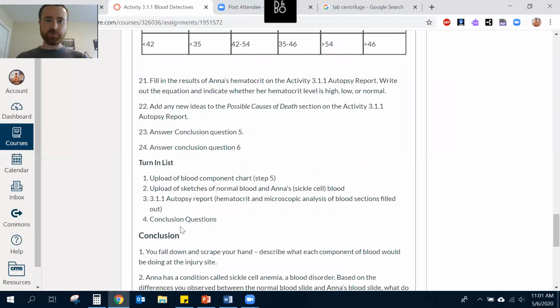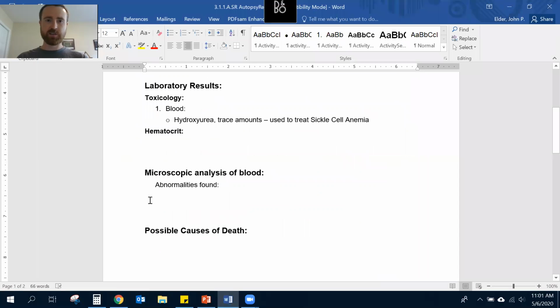So now what you need to do is make sure you have your autopsy report filled out with your hematocrit results and your microscopic analysis of blood. This is where you'd write out the difference in shape between her red blood cells and what it should be. You can even do your drawing on here if you print this out.